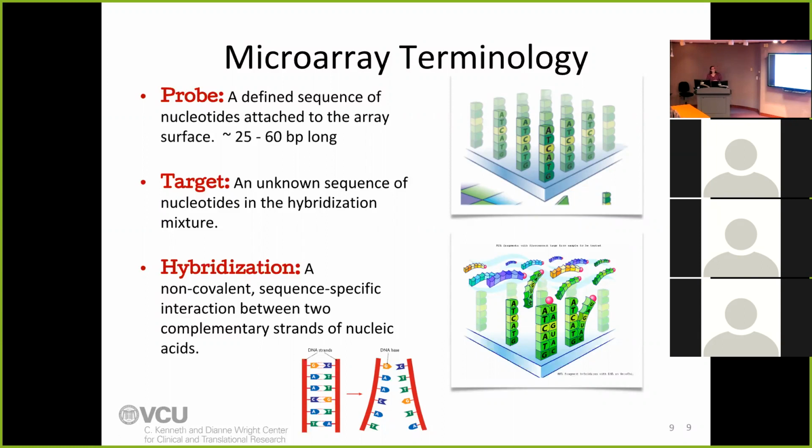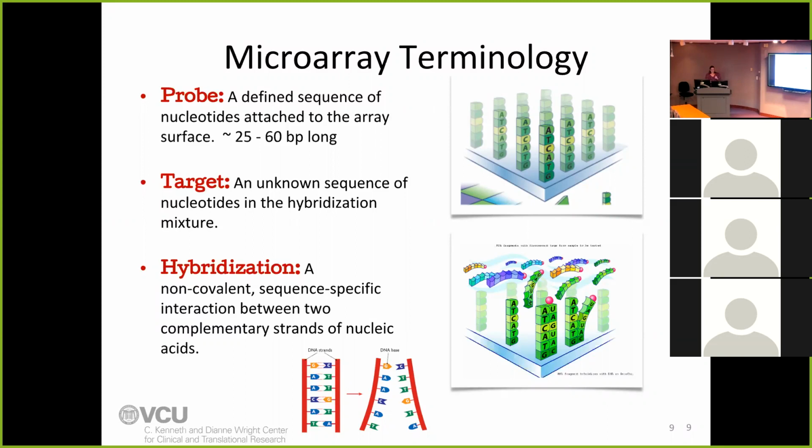The target is your unknown sequence of nucleotides in your hybridization mixture. So your sample that you're trying to measure, to figure out which genes are expressed in it, is considered the target. When your sample is mixed over the Affymetrix or the microarray slide, it's called hybridization, and it's a sequence-specific interaction between two complementary strands of nucleic acids.